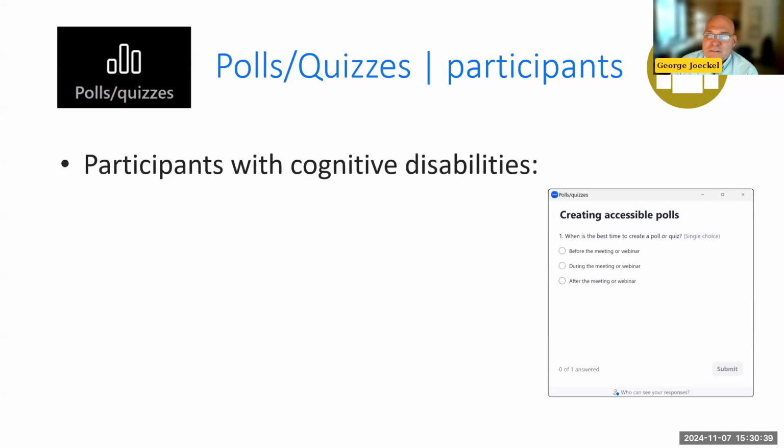So from a participant's point of view, in order to optimize the experience for participants with cognitive disabilities, these are our recommendations. First recommendation is use plain language. Now, obviously, in an academic environment, sometimes there are technical terms that need to be used. That's part of the context.